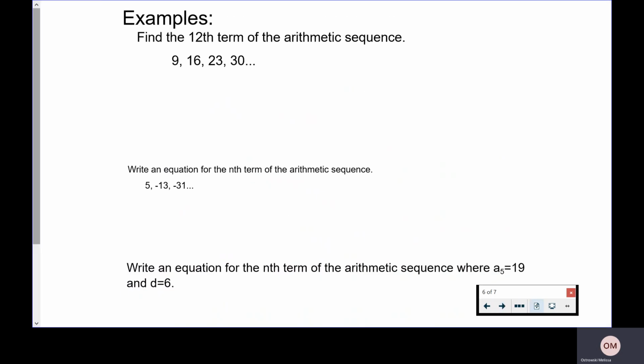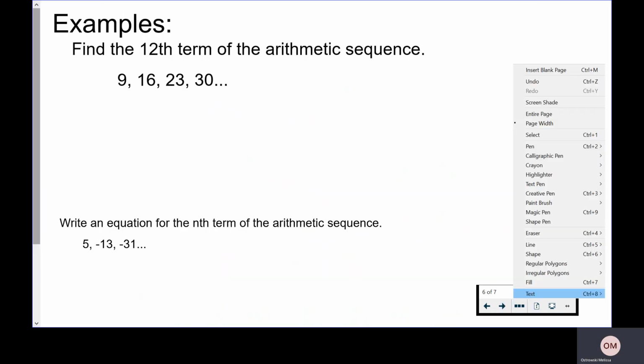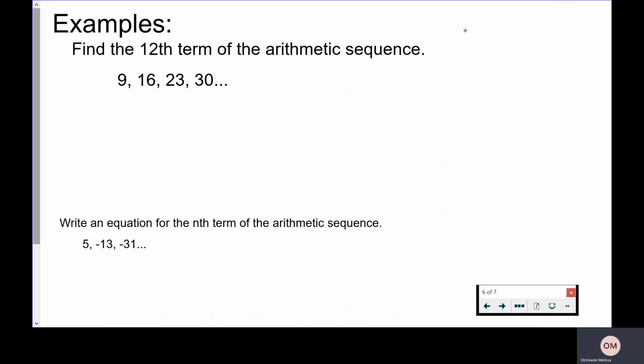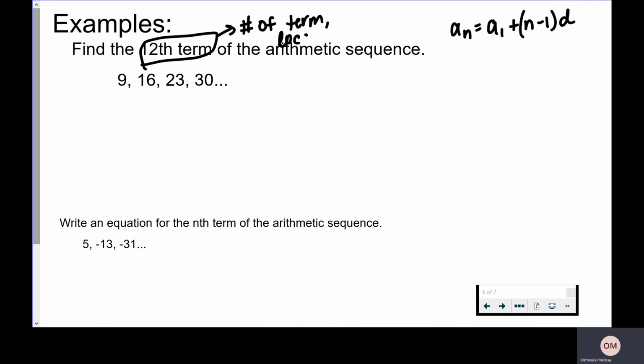We've got 3 on 1. It says find the 12th term in the arithmetic sequence. I've got a sub n equals a sub 1 plus n minus 1 times d. So find the 12th term. n is the number of the term, the location in the list.